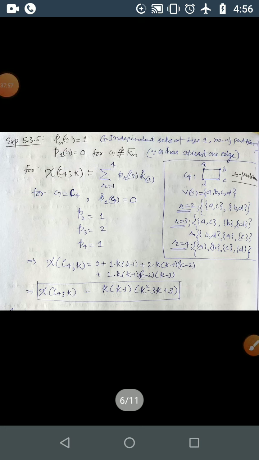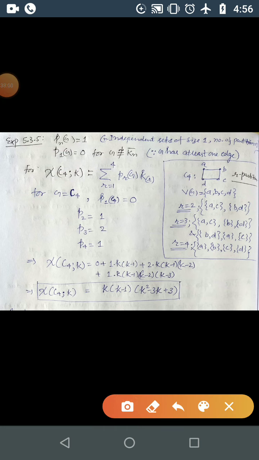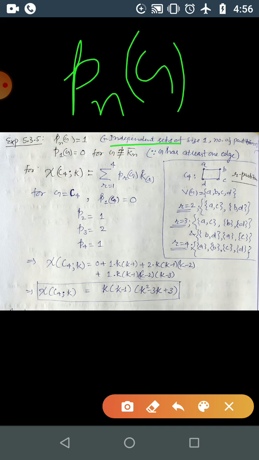Now you can come to this one. Whenever you are given n independent sets, the number of partitions of n vertices into n independent sets, how many ways can you partition this? Only one.